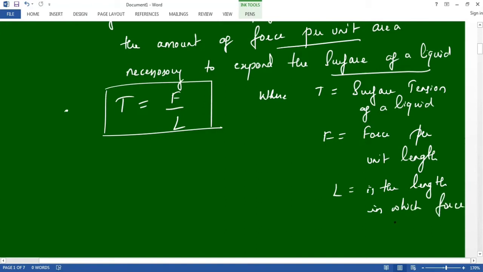Surface tension is equal to F by L, that is force per unit length.